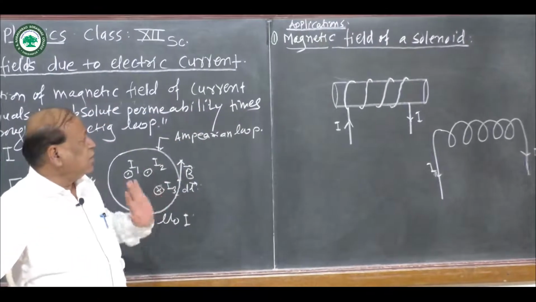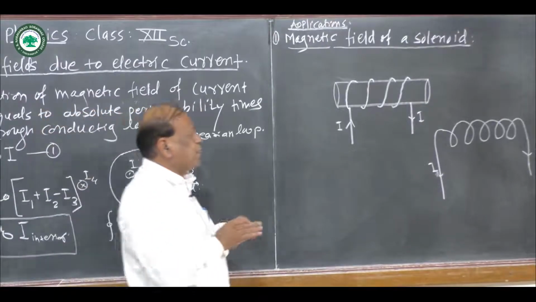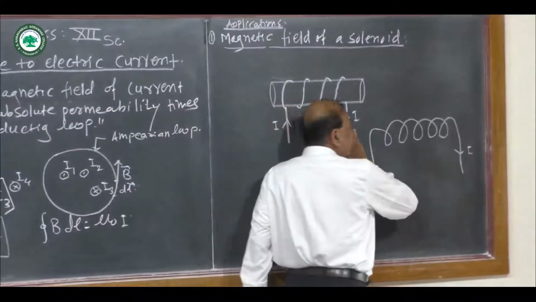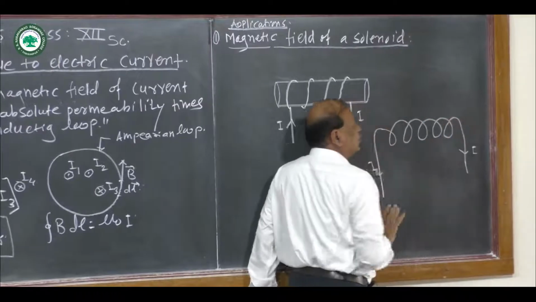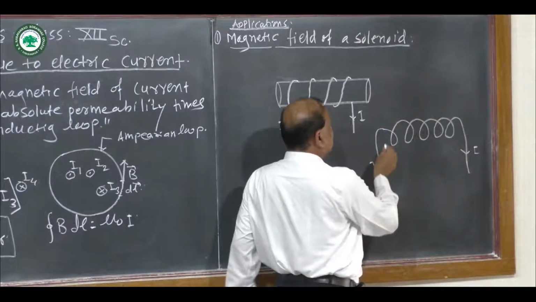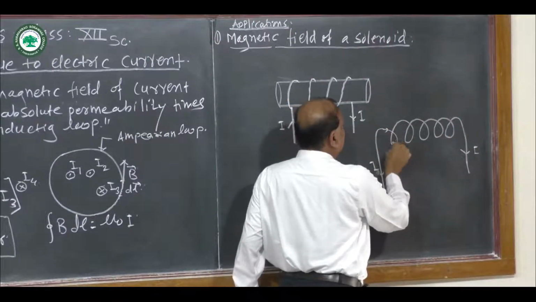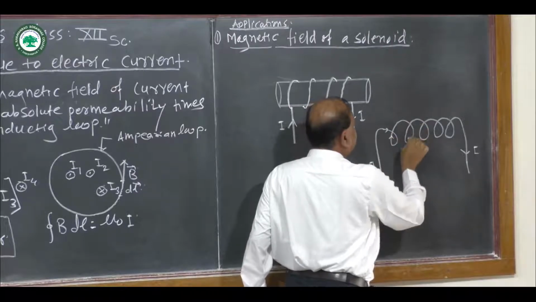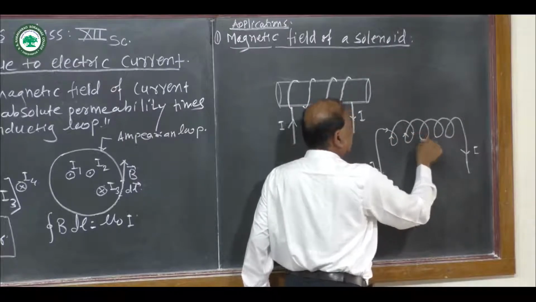Take the vertical section of this solenoid. Here the direction of current will be like this. This is the direction of current.